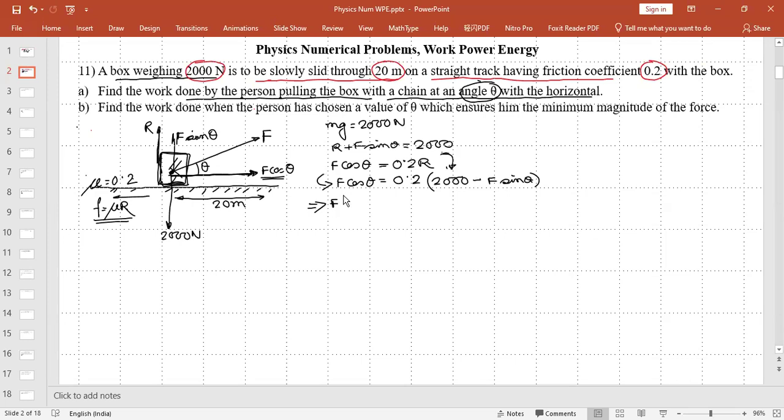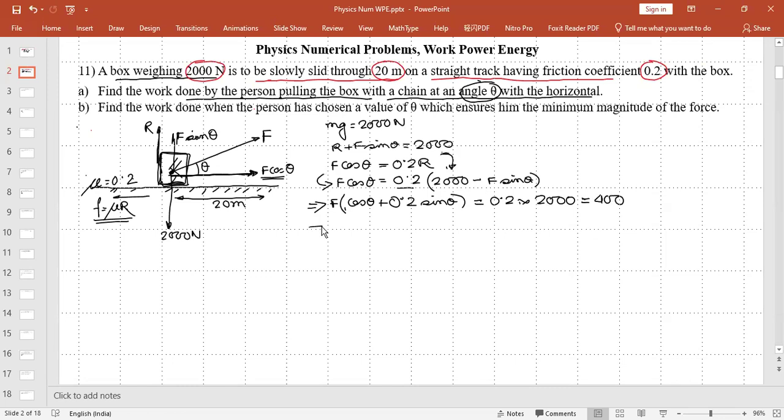If we take F common outside the bracket, this F sin theta will come to the left-hand side with a multiplication of 0.2: F cos theta plus 0.2 F sin theta is equal to 0.2 multiplied by 2000, which is 400.